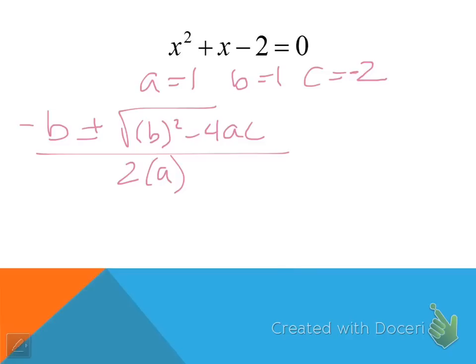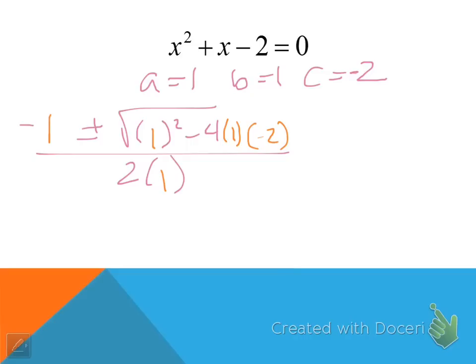So my b here is going to be 1, and then my b here is going to be 1. My a is also 1. And my c is negative 2. My a on the bottom here is 1. So it's basically just replacing.